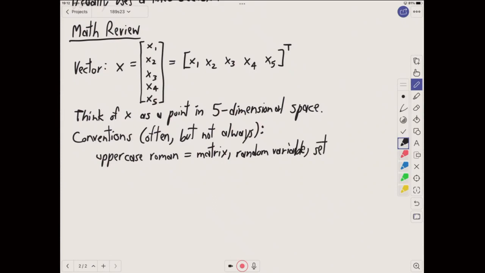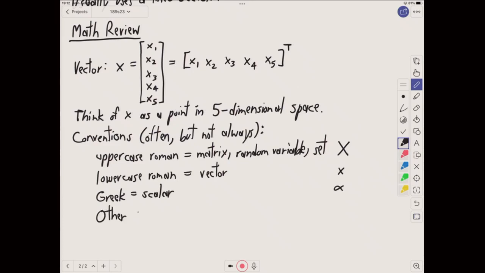So a typical example would be capital X will be our design matrix of sample points throughout this semester. If I use a lowercase Roman letter, that's usually a vector. So when you see a little x, that's probably a vector. When I can, I'll use Greek letters for scalar values, like alpha.